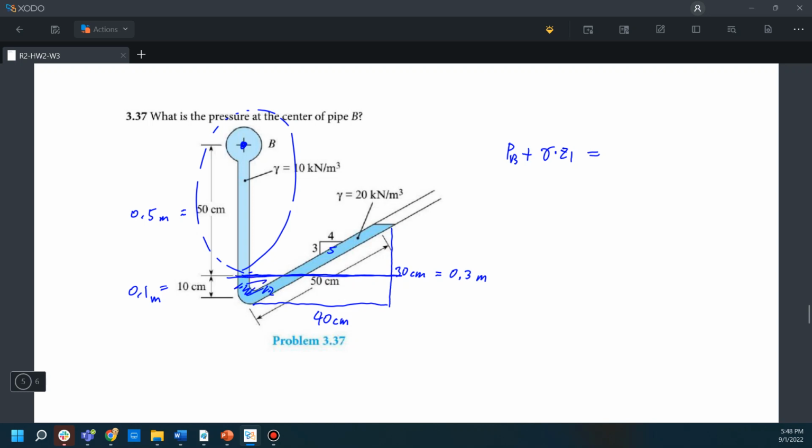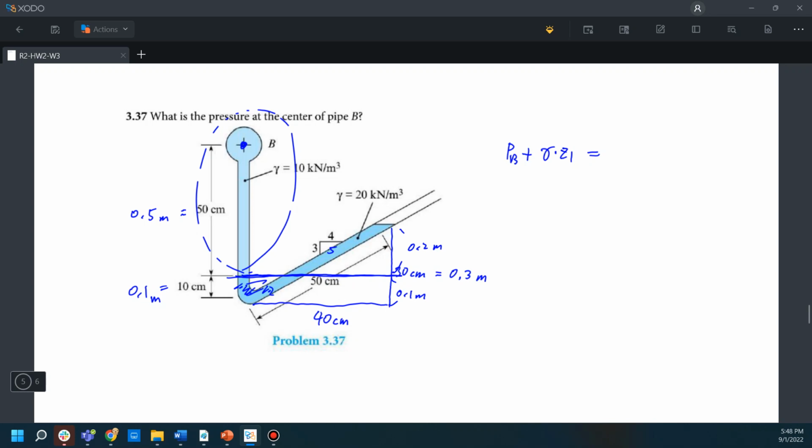We just care about the parts above this surface, equal to, and this part is 0.1 meter, so this remaining part is 0.2 meter.